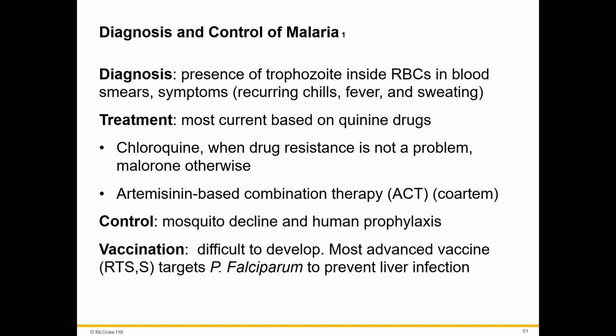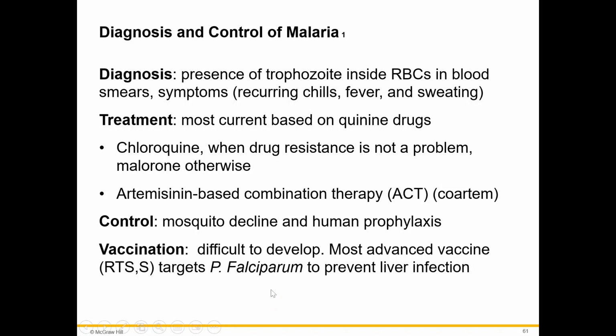Then we have human prophylaxis, and so you can also get vaccinated for this. But it's very, very difficult to develop with current technology. The most advanced vaccine that they have out right now, which we call RTS, targets falciparum, the most malignant form of this.